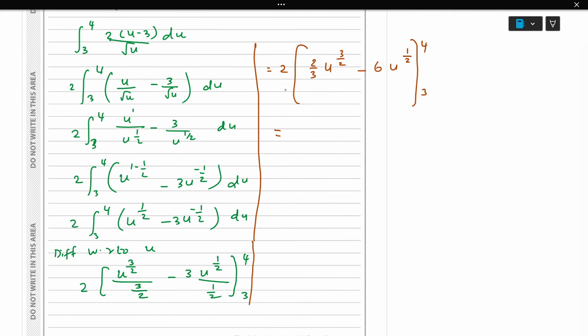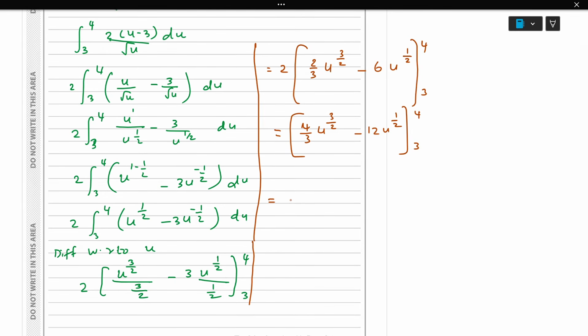Next I'll bring the 2 inside, so 2 times 2 is 4 by 3 u power 3 by 2 minus 2 times 6, which is 12, u power 1 by 2, so the limit is 3 to 4. Now I'll apply the limit.